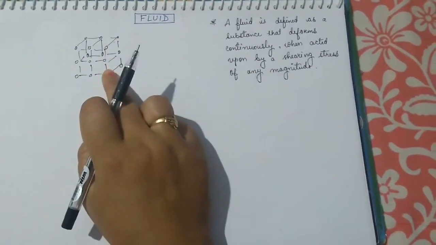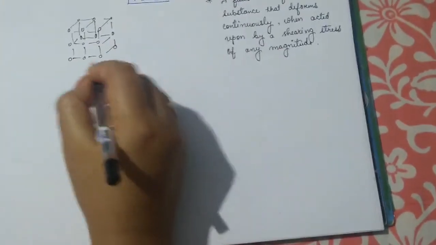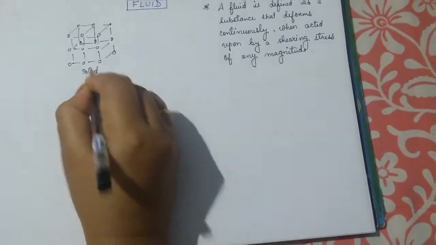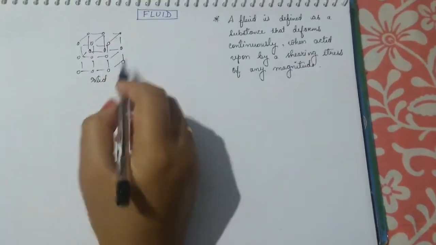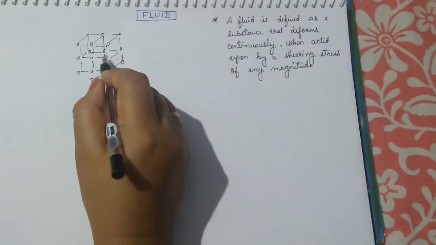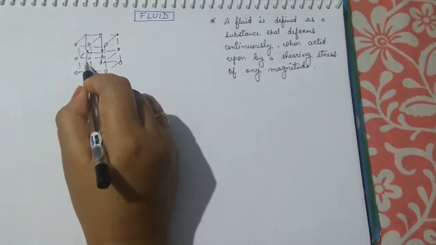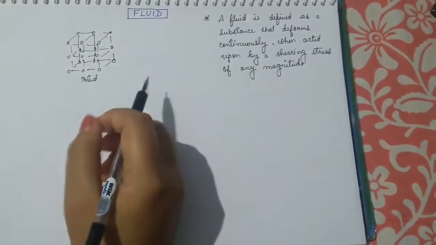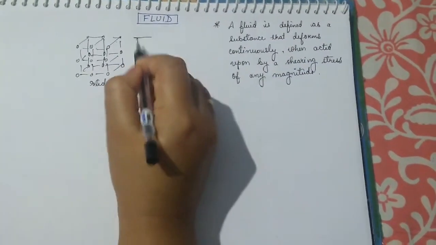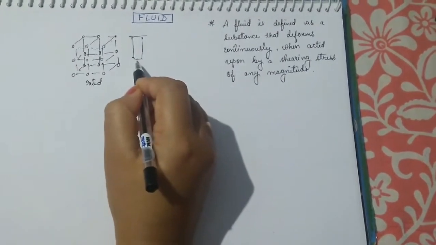Like here, if it is a solid and you want to change its form, you will have to keep on applying the deforming force. Only after a certain deforming force can you change it. Suppose you have a steel wire and you want to extend its length.